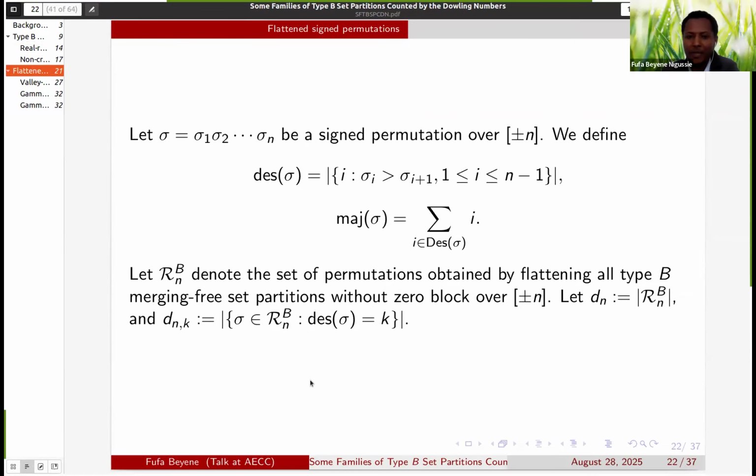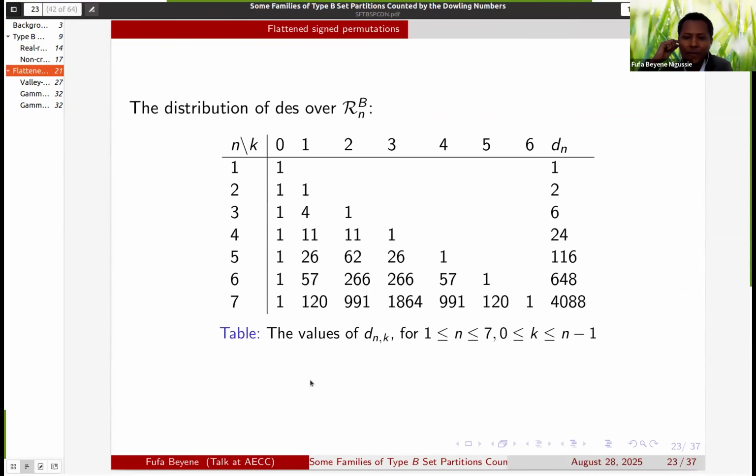Thank you. The reason is that this table shows that we have a symmetric distribution of descent over our class of permutations. And when you also consider the joint distribution of descent and the major index, you have a symmetric distribution as well.